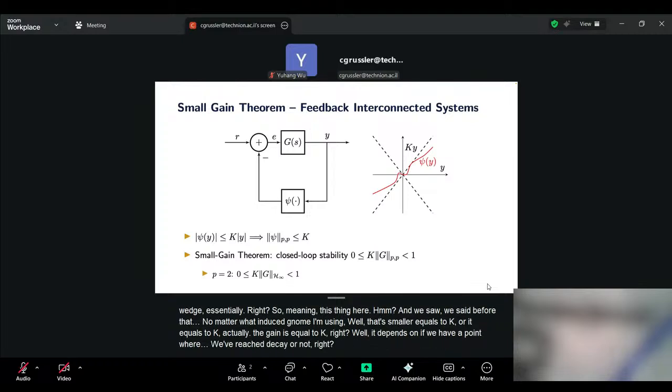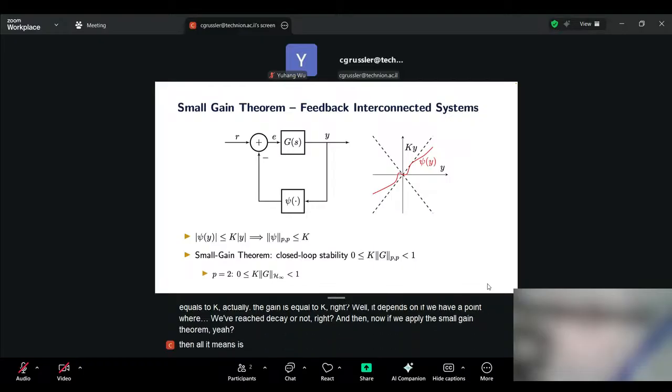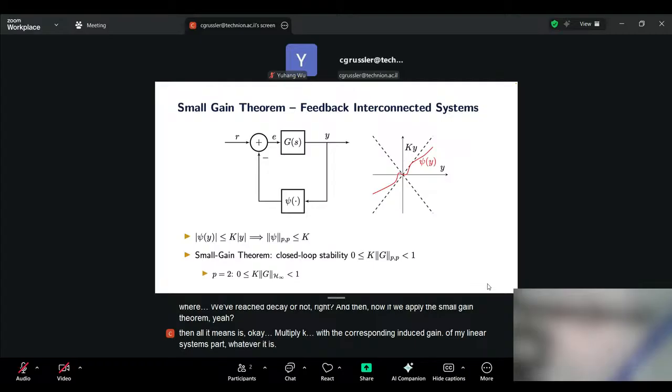And now if we apply the small gain theorem, then all it means is, okay, multiply k with the corresponding induced gain of my linear systems part, whatever it is. It has to be smaller than 1.